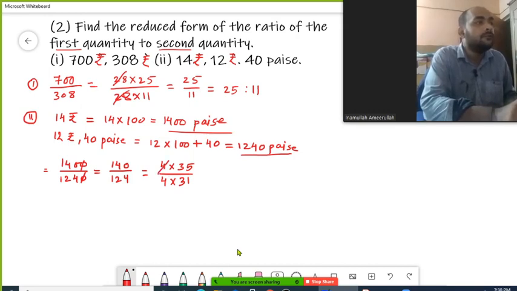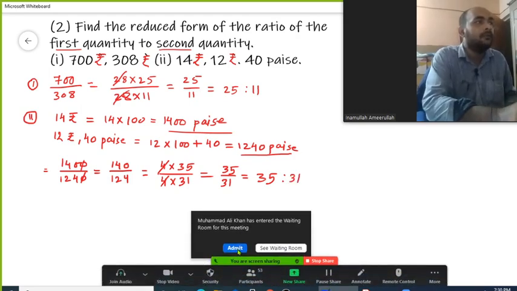So 4 is common. So we are left with 35 upon 31, and this is the final ratio, that is 35 is to 31 for this question number 2.